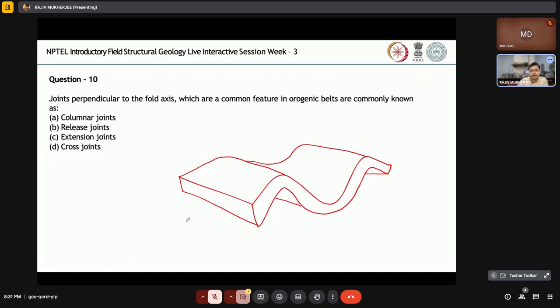So during exhumation, if a folded structure is exhumed upwards, obviously there will be release of stresses and that will create tensile stresses. Because during a compression regime the folds were obviously compressed like this to get this kind of shape.